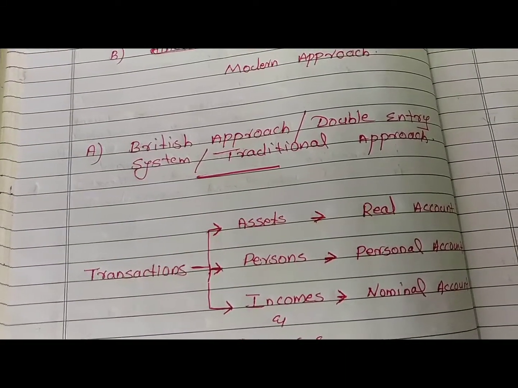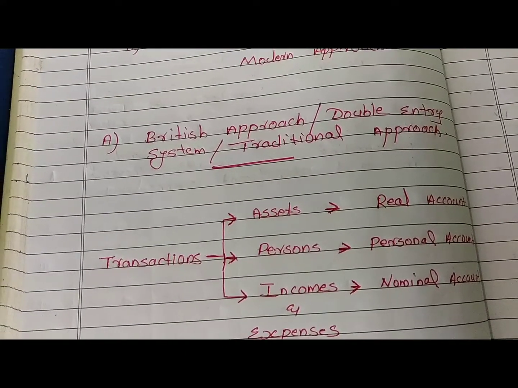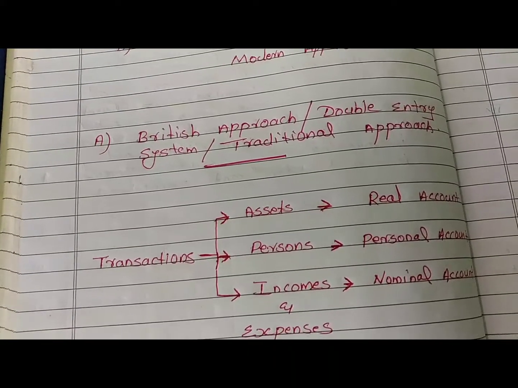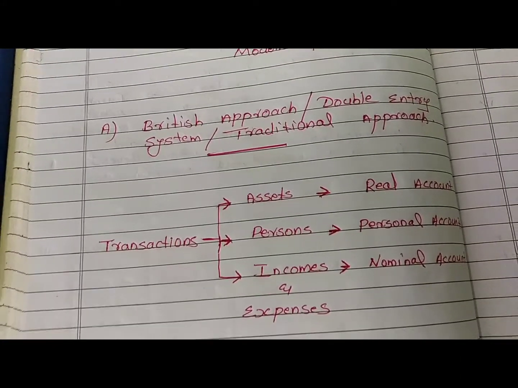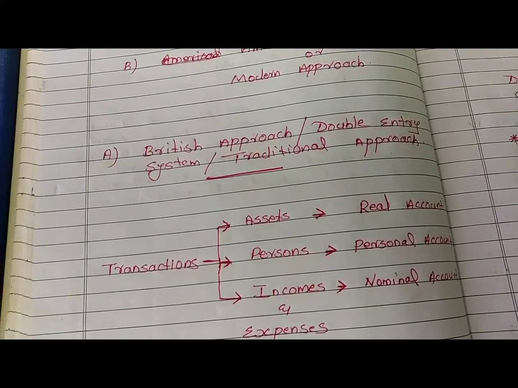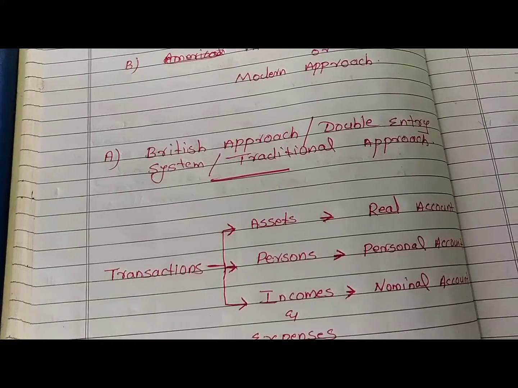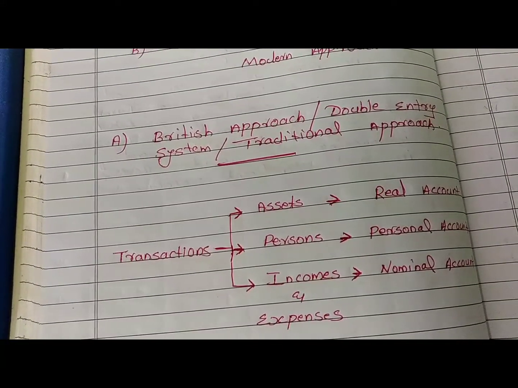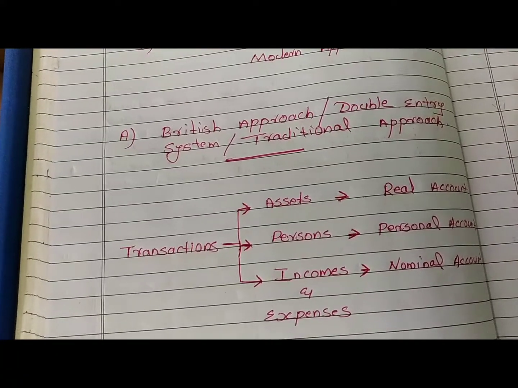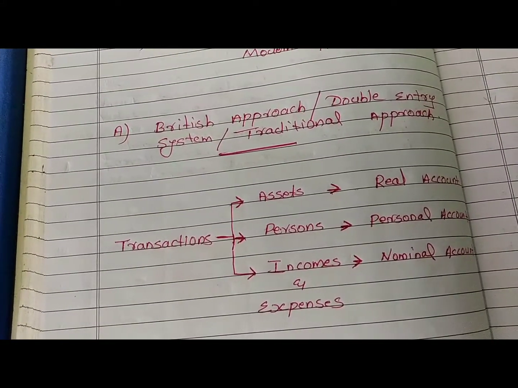We have three types of transactions: transactions related to assets, transactions related to persons, and transactions related to incomes and expenses. In the British approach, we divide the entire transactions into these three types.